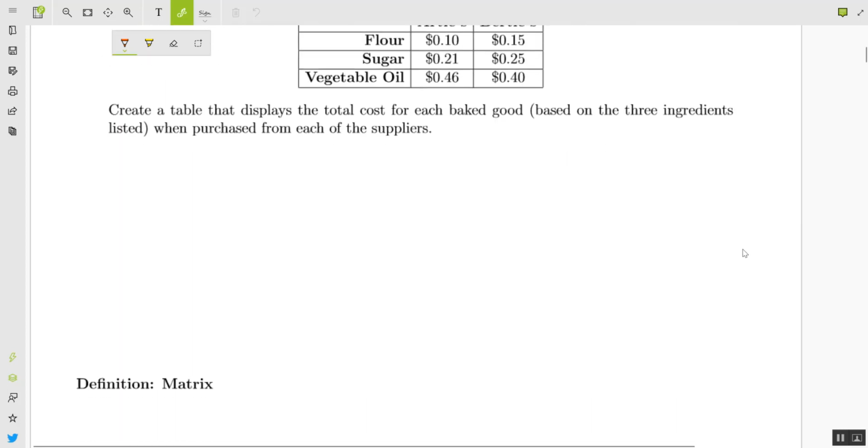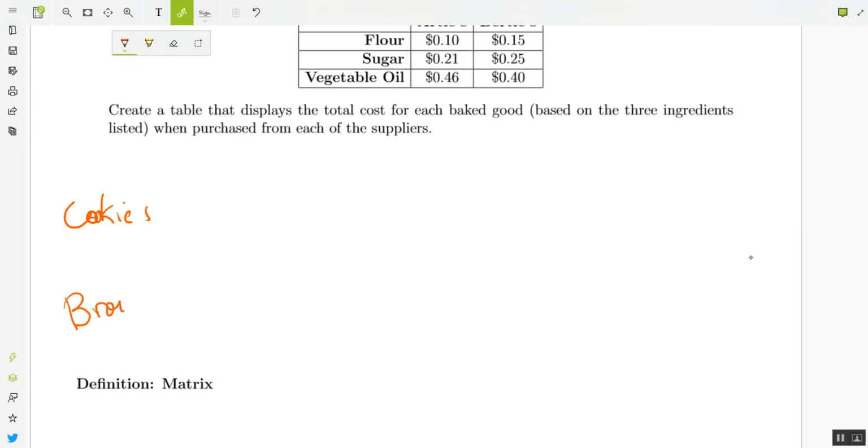So if we were trying to organize what's actually happening here, there's two things we've got going. We've got cookies, which I'm about to misspell, and brownies. And then we have two suppliers, Artie and Birdie. Okay.